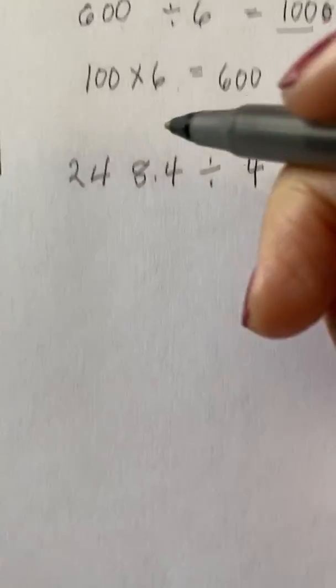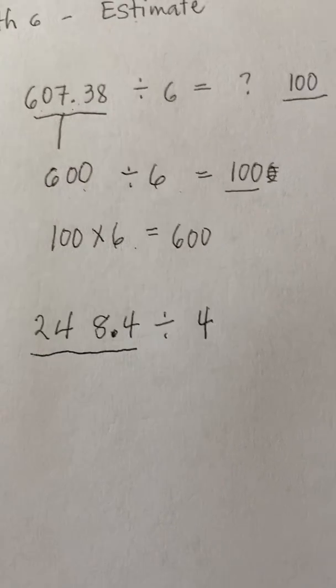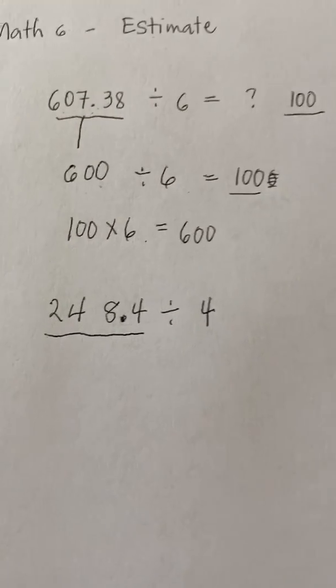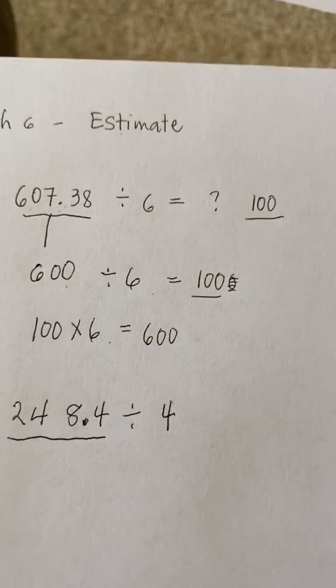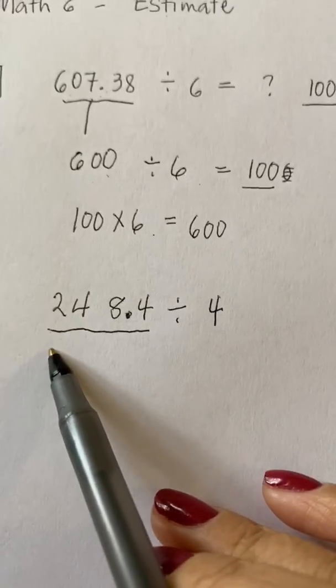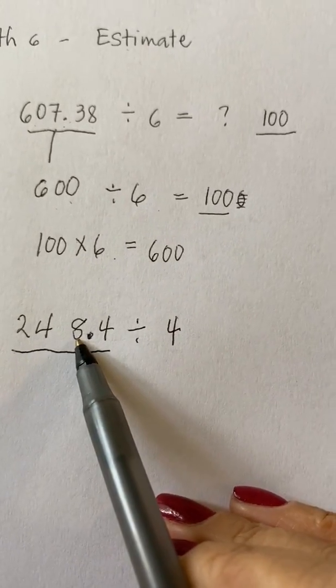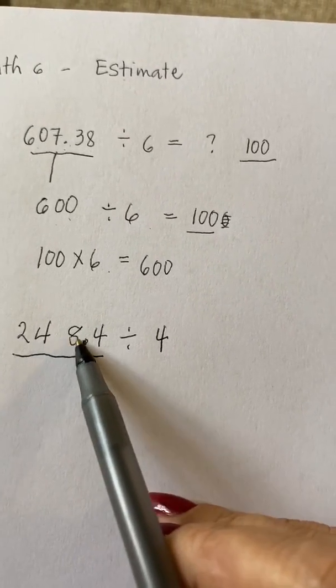All right, so again, when we estimate, we are to make the decimal number become a whole number. How do we do that? We are to round off to the greatest place value. So 248. If I will say I will round this off to 200, I will be missing 48.